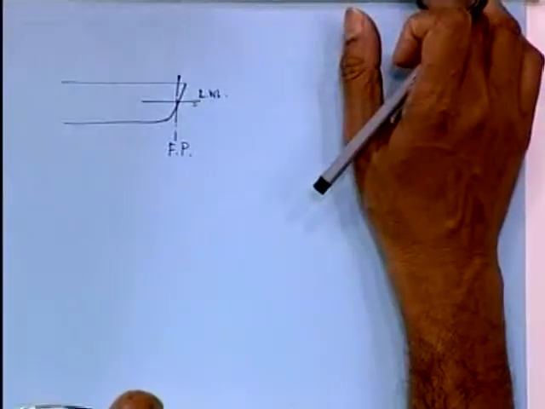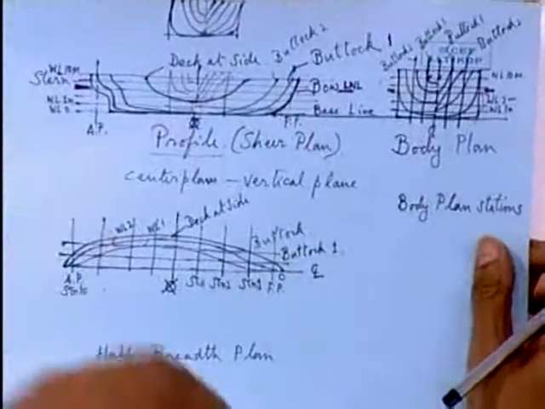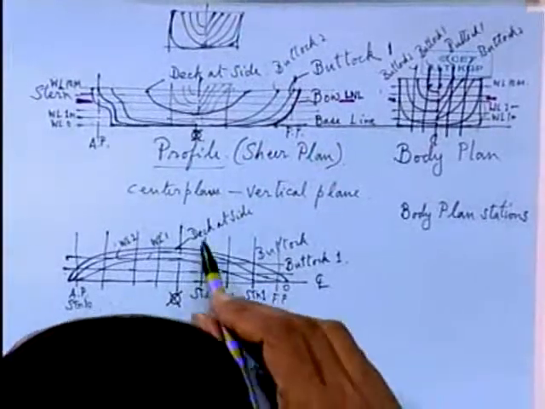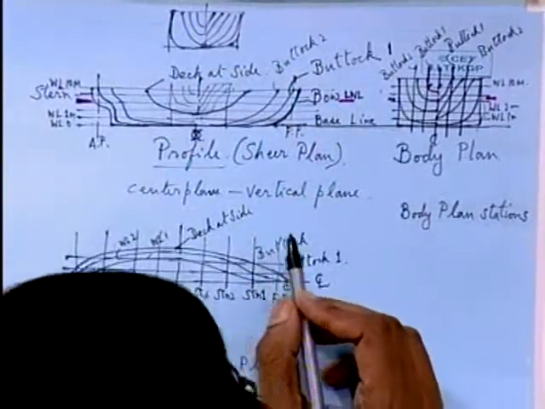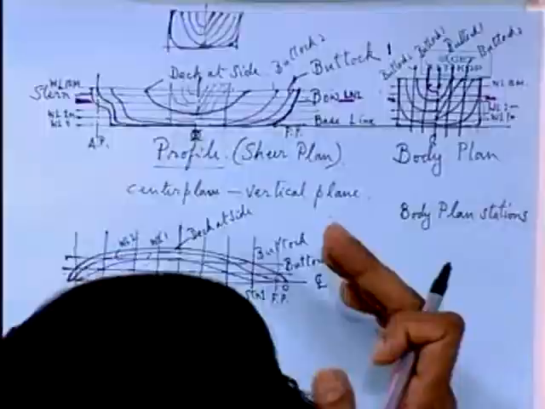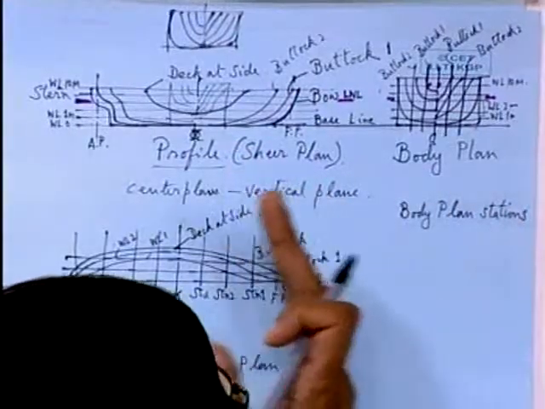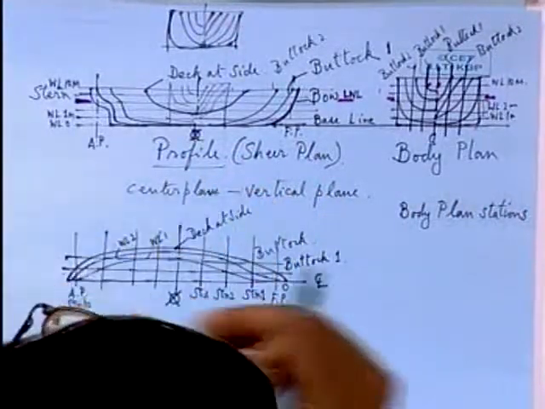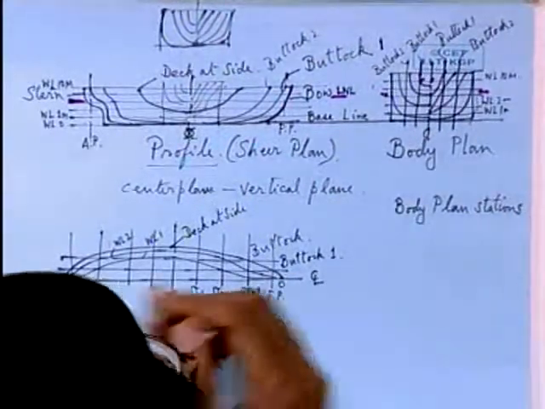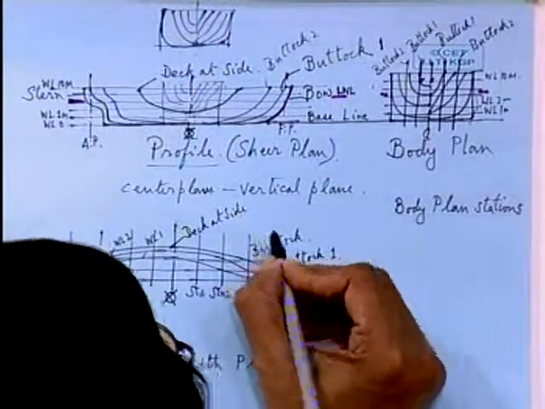So here there is another point which you should remember, that when you are drawing these stations, that is the transverse planes cutting the hull form at particular positions of the ship. Now what happens at the forward end of the ship and also at the stern end, you will find that there is a large amount of change in curvature of the hull.